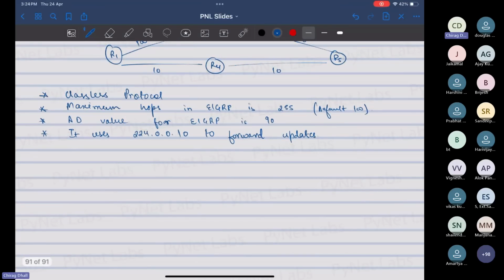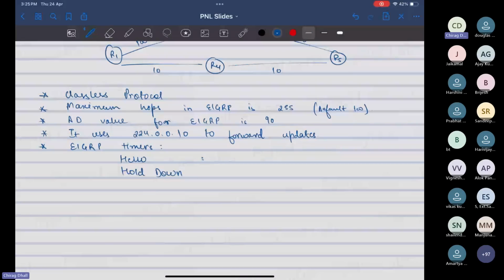Then we say that EIGRP has some timers also, in which we have got a hello timer and the hold down timer.